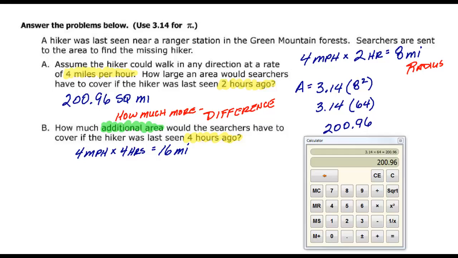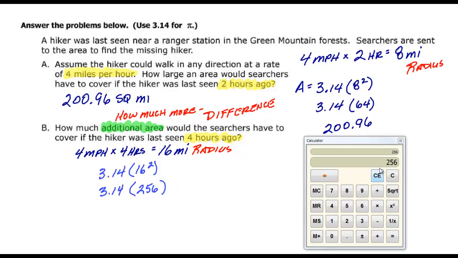So here's our work. We have 3.14 times 16 squared, because this 16 again is the radius. So that means we have 3.14 times, let's square 16, 16 squared, 256.